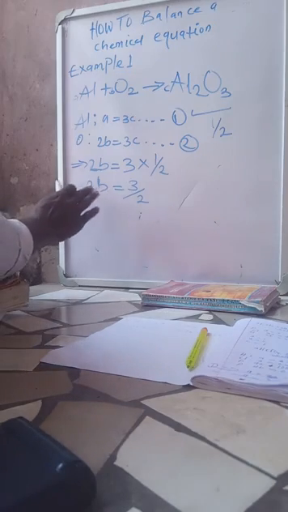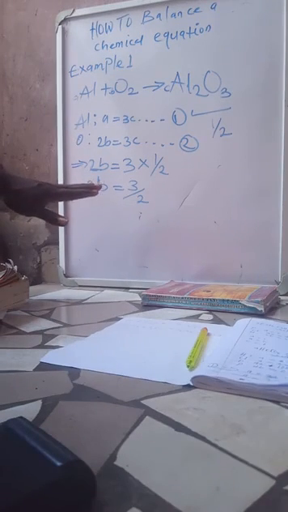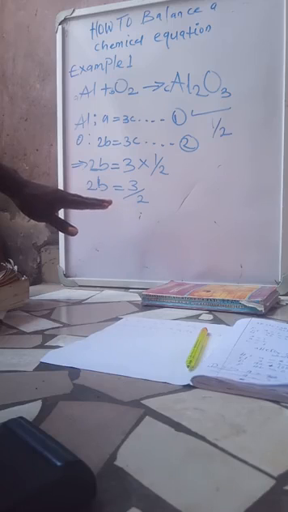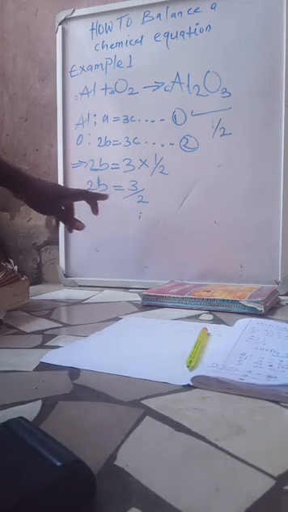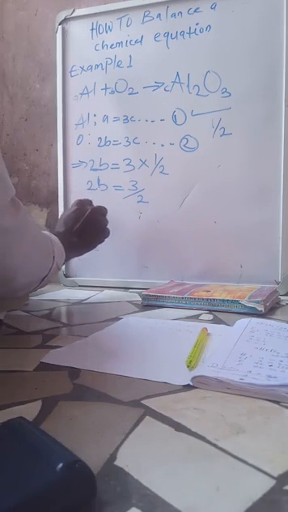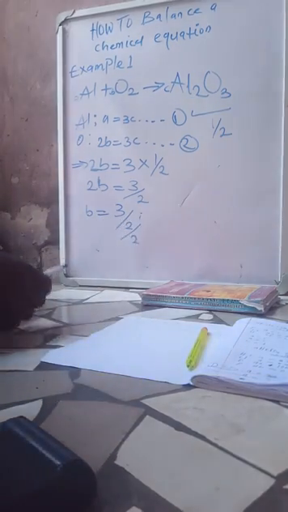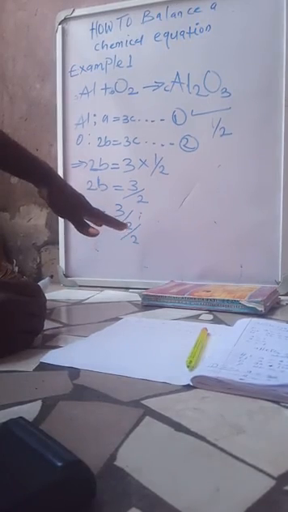Now if you want to look for the value of B, the instruction is to look for the coefficient and divide both sides by the coefficient of B. And the coefficient of B is 2. So we divide both sides by 2. That is to say B is equal to 3 over 2 over 2. You may be wondering why I wrote it this way. I just want to clarify something.